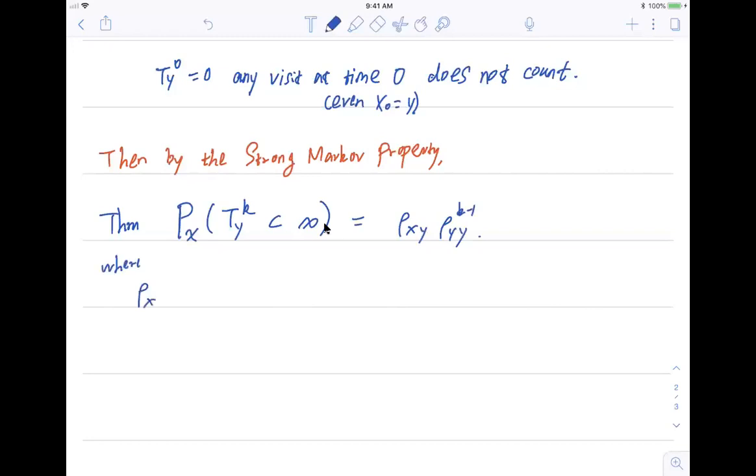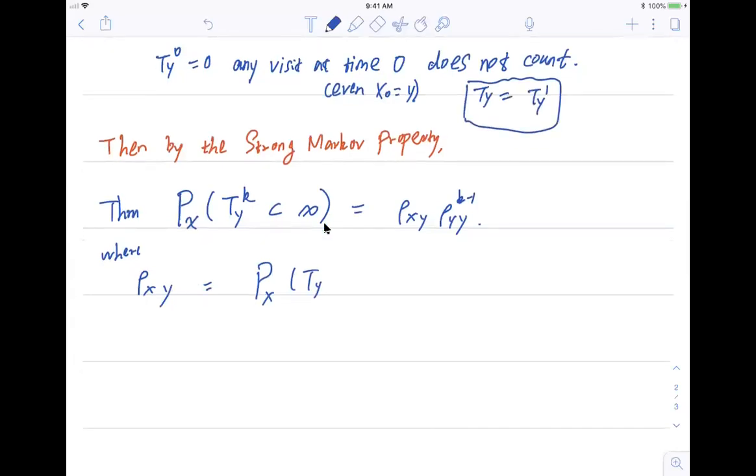So rho xy actually equals to, right? If you're starting from x and ty is just ty1, right? Let's write here, ty1. And rho xy means you start from x and you reach y in finite time.